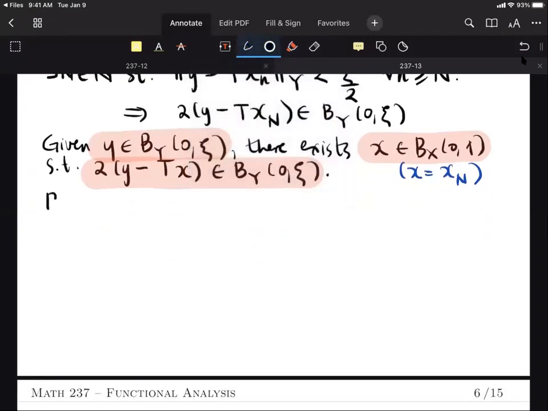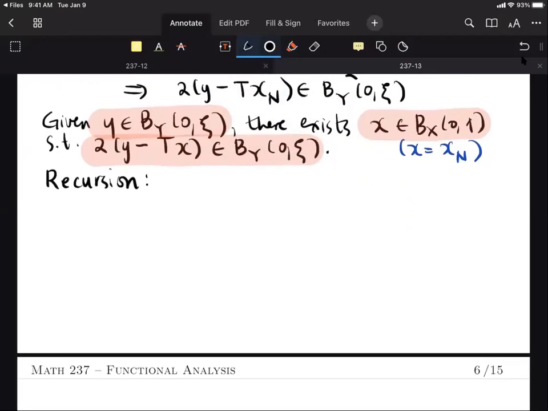So this introduces a recursion. Namely, let us define y naught to be y, which is an element of this ball.